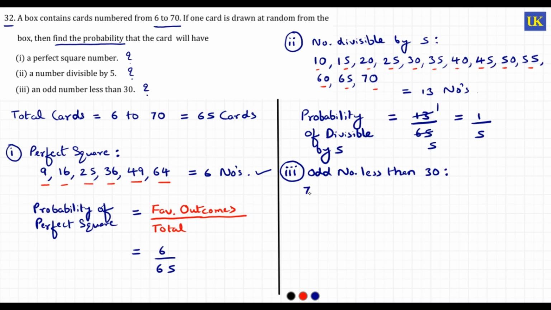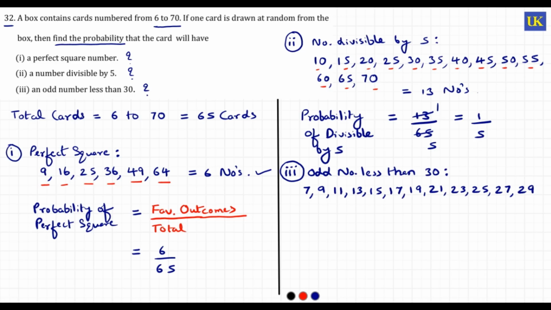So we have 7, then we have 9, 11, 13, right? 15, 17, 19, 21, 23, 25, 27 and 29 also we can take because they are saying less than 30. So 30 we have to leave. So all these numbers we have.